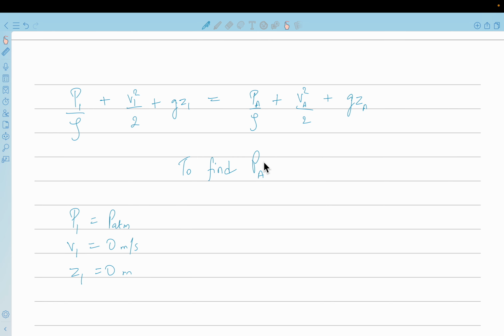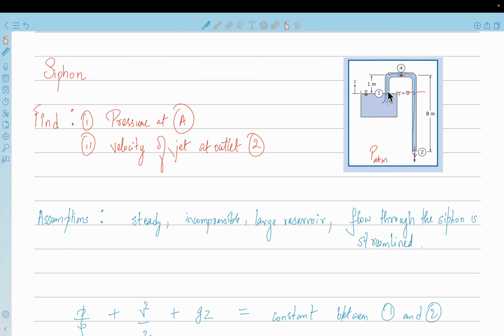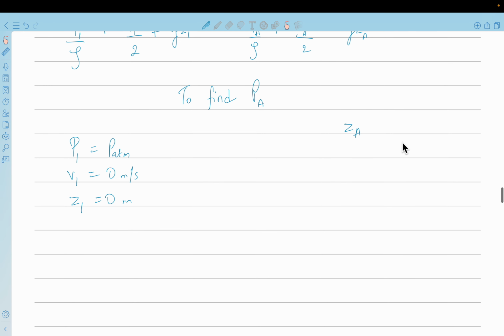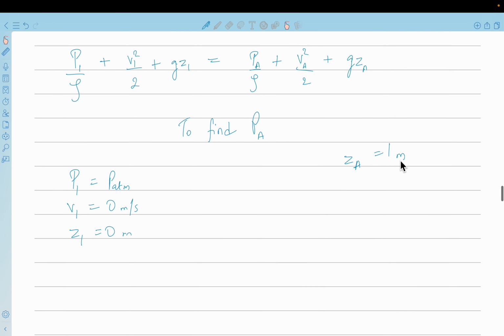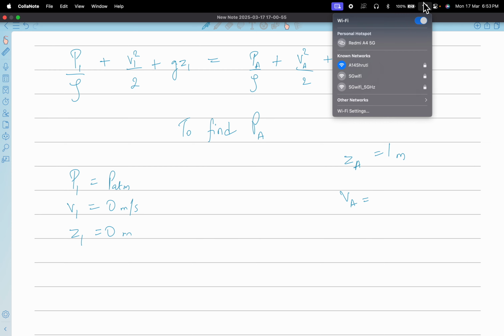On the right hand side, PA I have to find. ZA, if we go back to the diagram, is 1 meter above this location. So ZA is 1 meter. What about VA? How do we find VA?